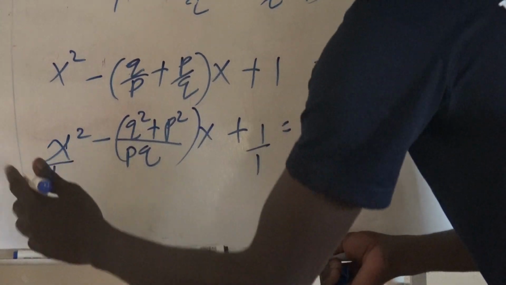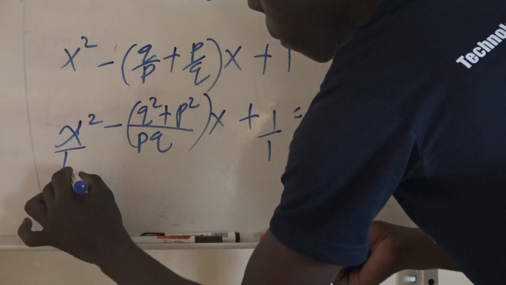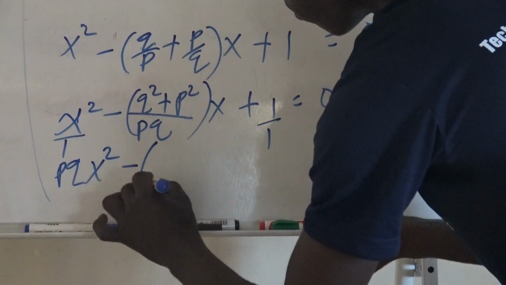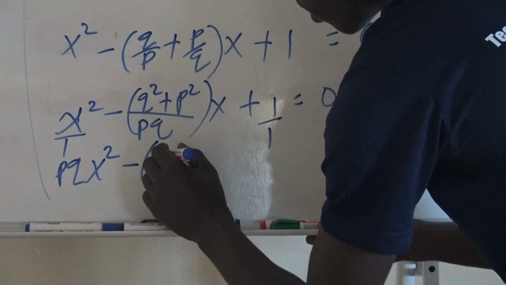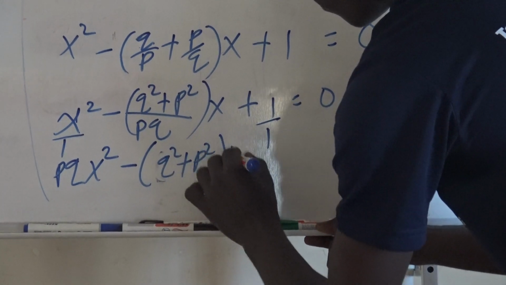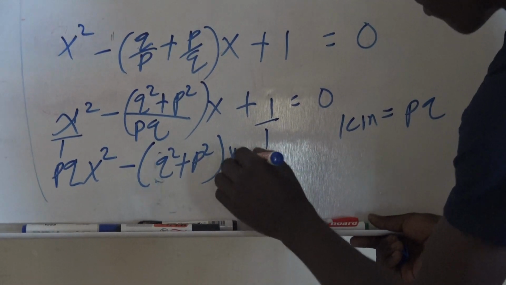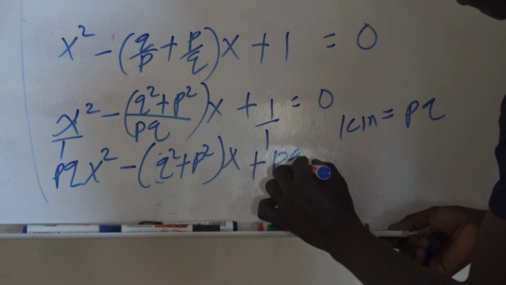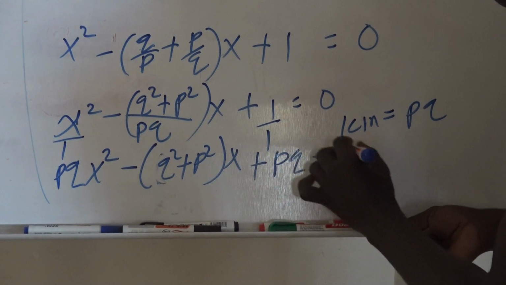So when you multiply, it will be PQx squared, then minus, into bracket, q squared plus p squared, times x, then plus, PQ times 1, which is PQ, equals 0.